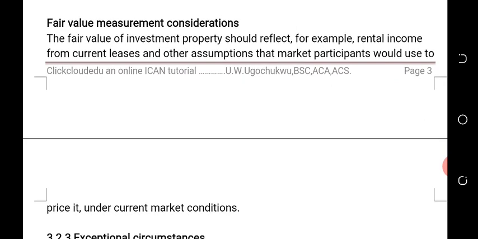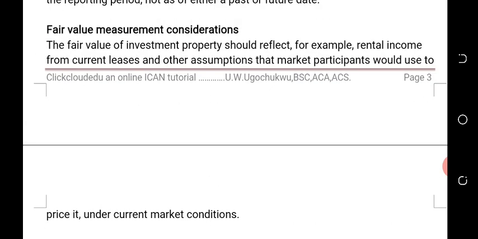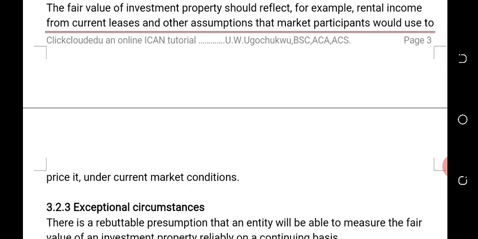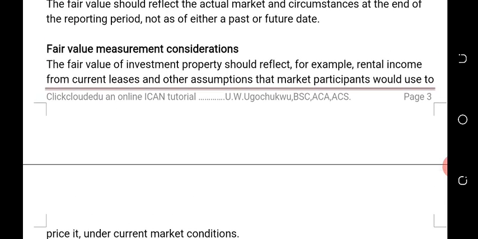Now, fair value measurement consideration. The fair value of investment property should reflect, for example, rental income from current leases and other assumptions that market participants will use to price it under current market conditions. Fair value is stated in line with IFRS 13 Fair Value Measurement.